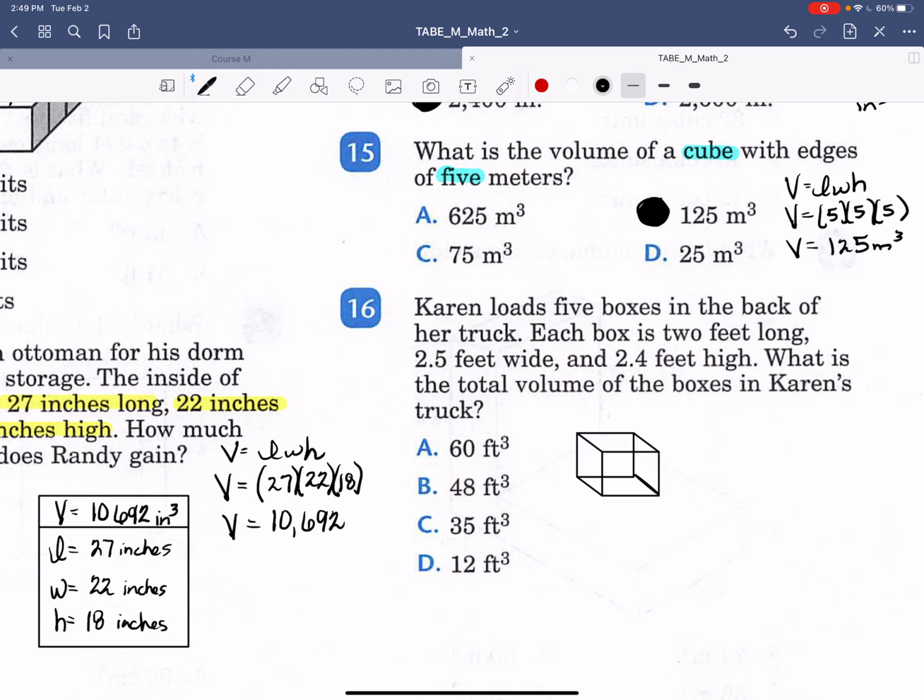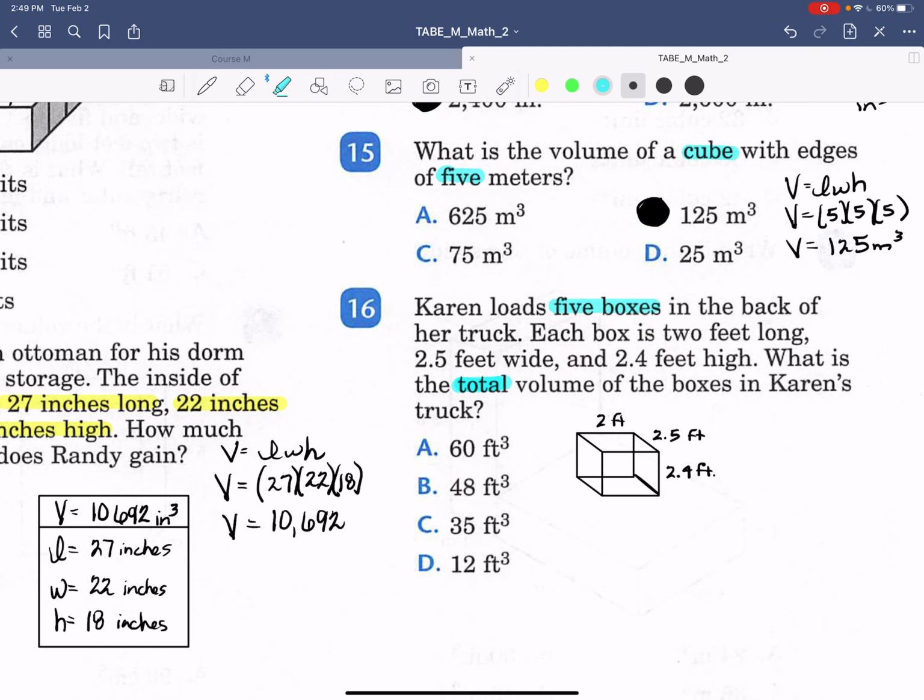Each box is 2 feet long, 2.5 feet wide, and 2 4/10 feet tall or high. What is the total volume of the boxes in Karen's truck? Be careful there. Total volume.